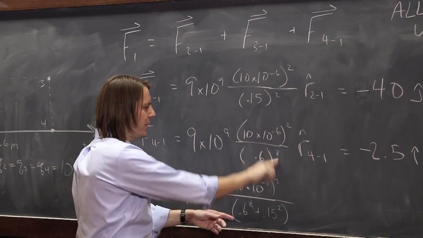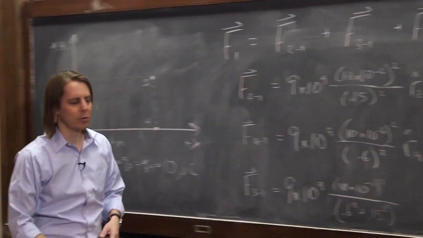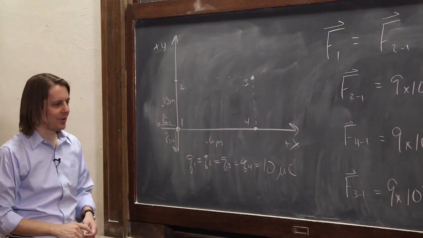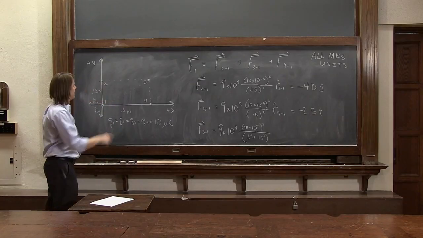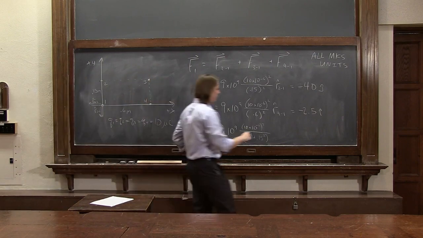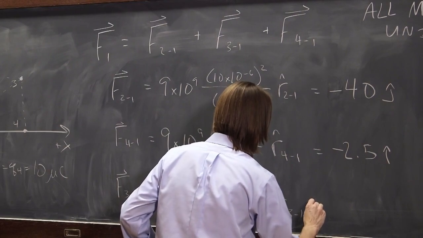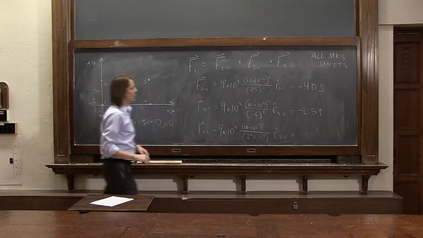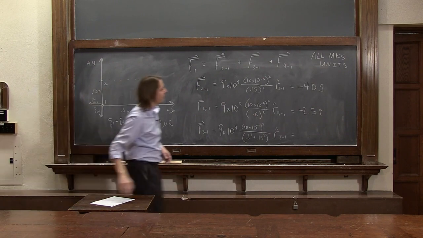But it's a square root and then it's squared, so I'm just going to leave it alone. I'm not going to jerk it around and square root it and then square it because I'm running out of room. Okay. But this is 0.6 squared plus 0.15 squared in the bottom. And it's r hat 31. All right, so the magnitude of that one is 2.35 newtons.